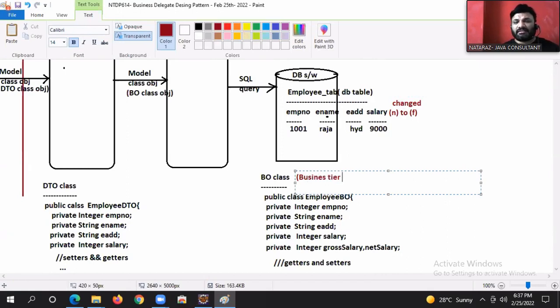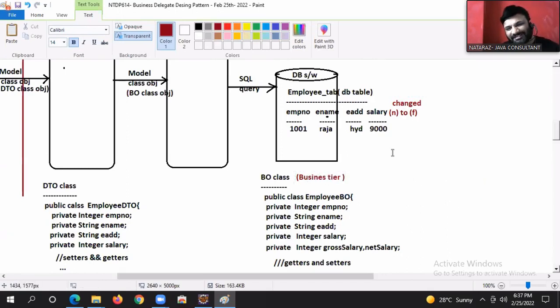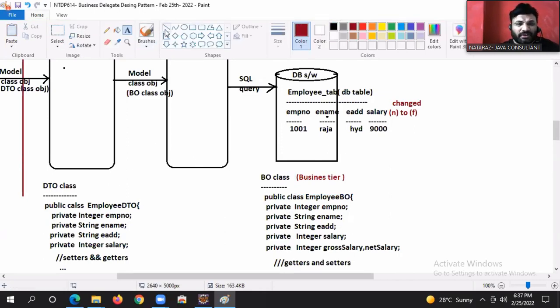Business tier. So I don't mind changing this one too. Both are at the business tier. The BO class is also at the business tier.